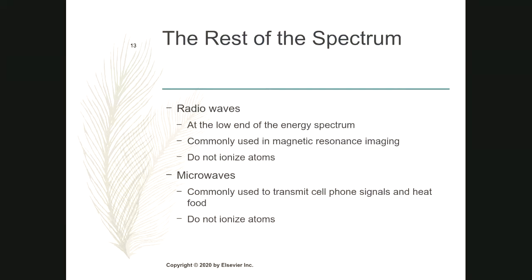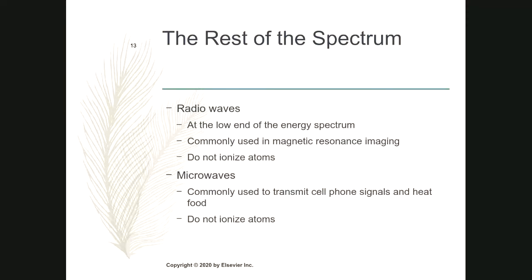As far as the rest of the spectrum, if we go back to the low end, the radio waves are at the lowest end of the spectrum. The reason we usually reference them is because we use them along with a strong magnet in magnetic resonance imaging. They do not have the ability to ionize.